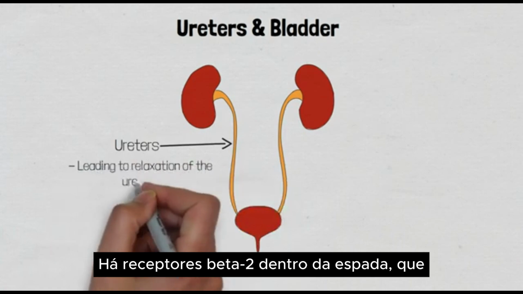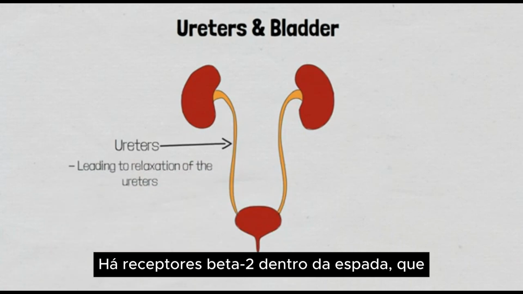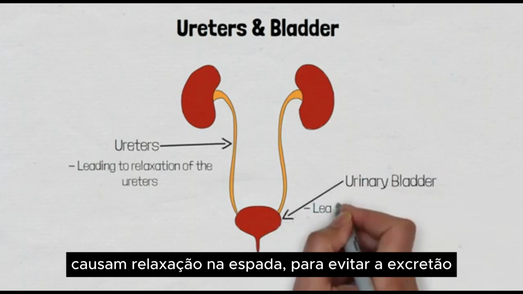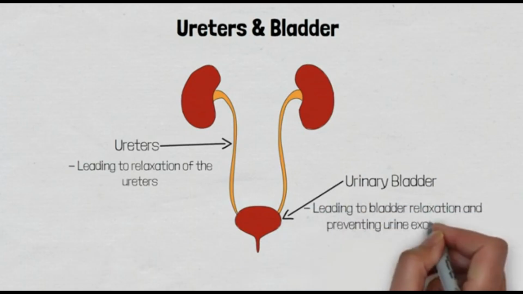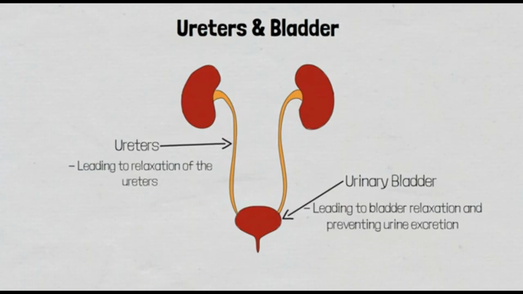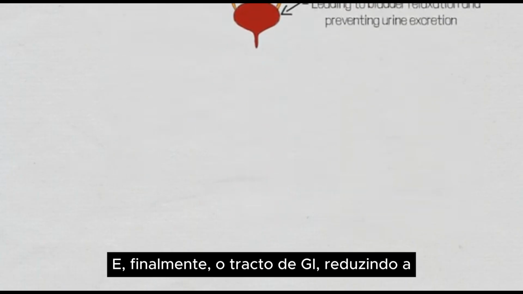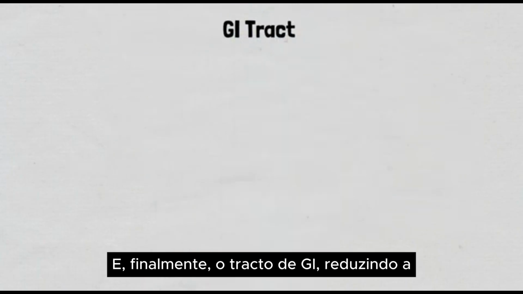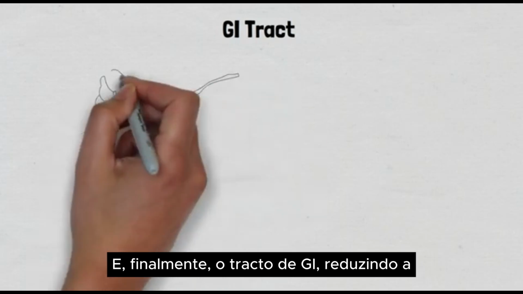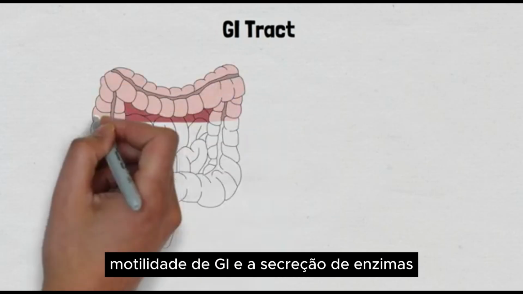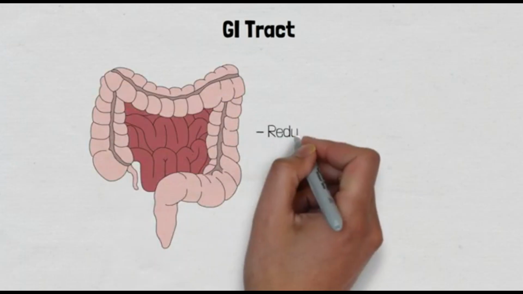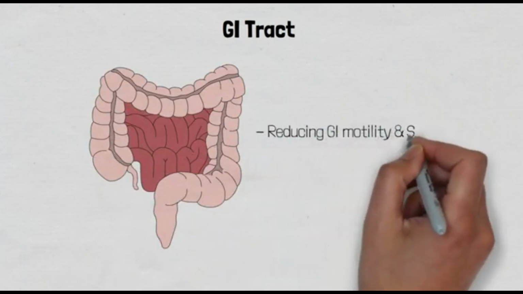There are also receptors within the bladder itself, which causes bladder relaxation to prevent the excretion of urine. And finally, the GI tract, reducing GI motility and the secretion of gastric enzymes.